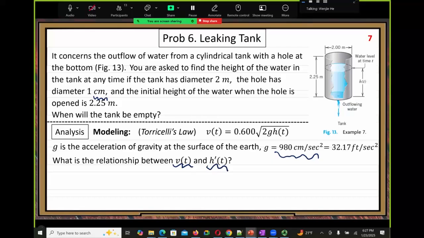Next, we want to use another equation to connect. Although we have this nice equation from Torricelli's law, in this equation you have 2 unknown functions.